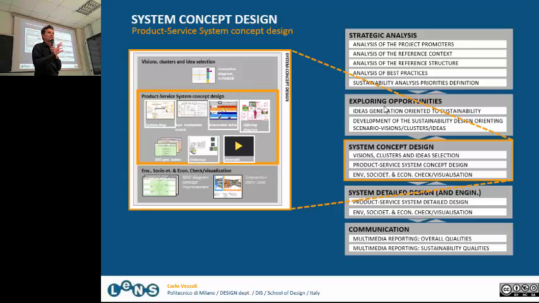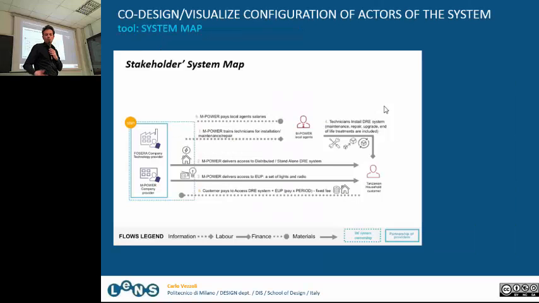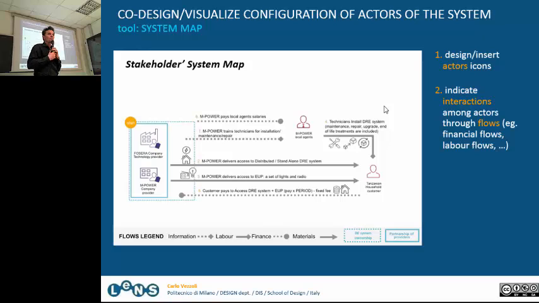But then you will go on, and let's say what may happen. You have a first idea of a concept at this point, and it should be an SPSS and DA concept. So what you're going to do, one tool is the system map. You insert the actors. The actors are the stakeholders, the provider, the user, the municipality, all the stakeholders that take some action in your satisfaction system, and which are the interactions.